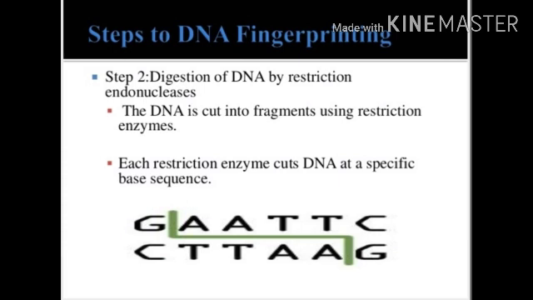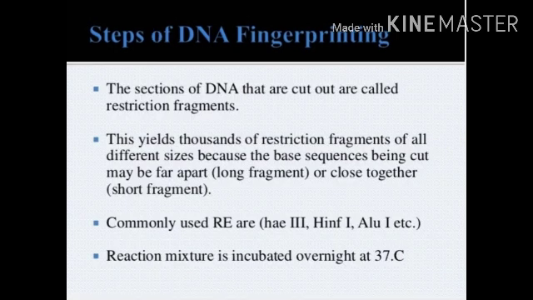DNA is cut into fragments using that restriction enzyme. Each restriction enzyme cuts DNA at a specific base sequence. The sections of DNA that are cut out are called restriction fragments, and this yields thousands of restriction fragments of all different sizes. Why? Because the base sequences being cut may be far apart, giving long fragments, or close together, giving short fragments.